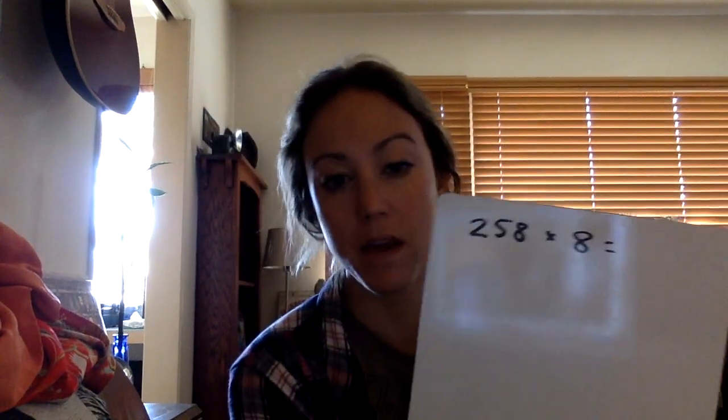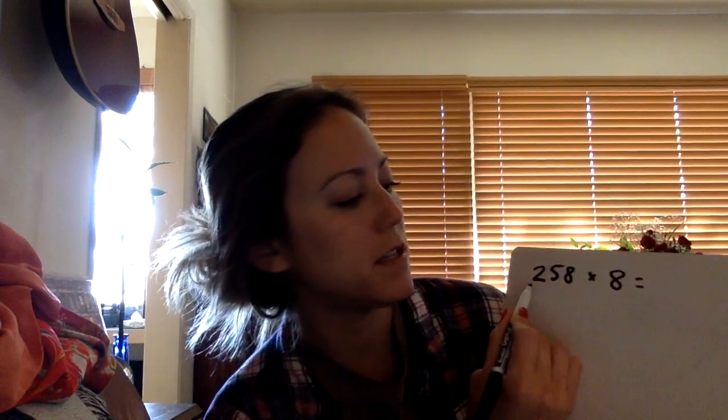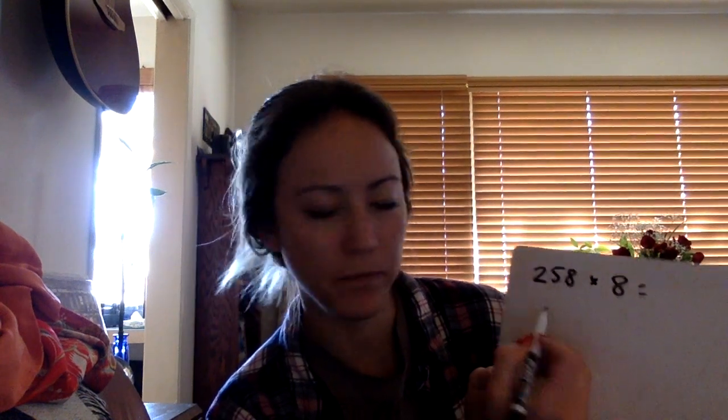Okay, friends, so today we're going to learn how to write numbers in expanded form and use those numbers to multiply by a single digit number. So for example, if you wanted to multiply 258, let's say, times 8, first you want to think about what this number would be in expanded form.